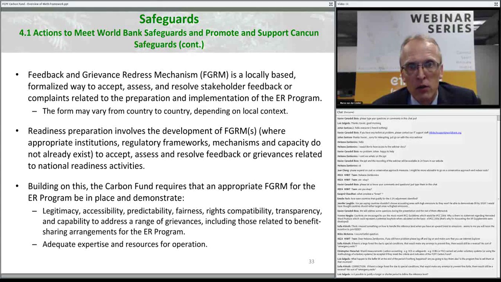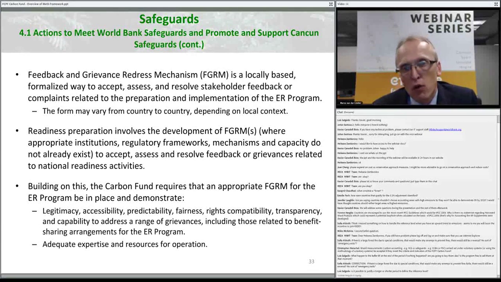It's part of the readiness process. So again, the idea is that let's build on that. Let's not do a separate mechanism for the program, but the methodological framework requires that the mechanism is operational by the time the program starts.